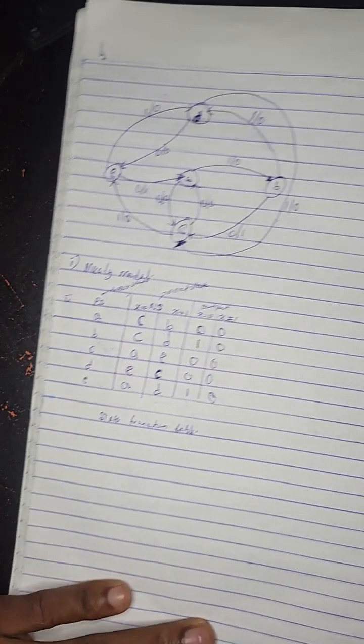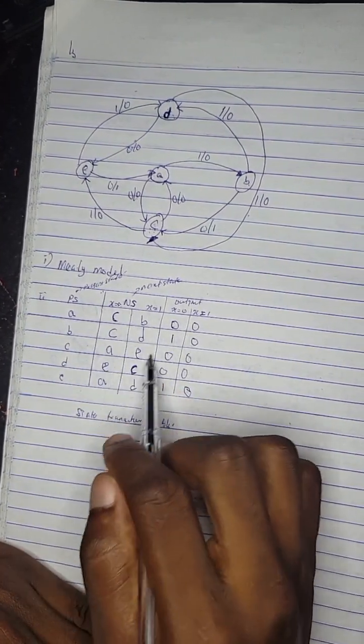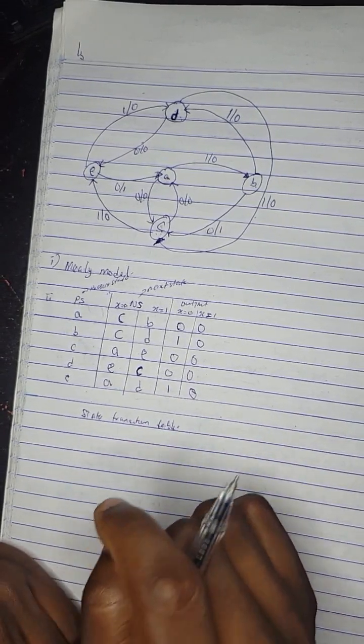So what we are trying to do now is to find the equivalent states here and reduce them by using implication charts.